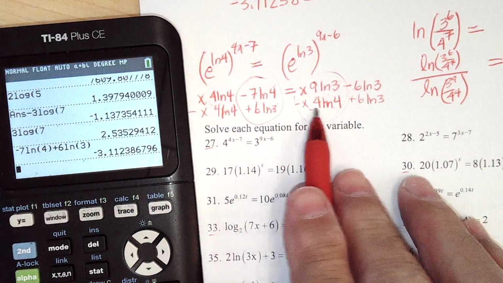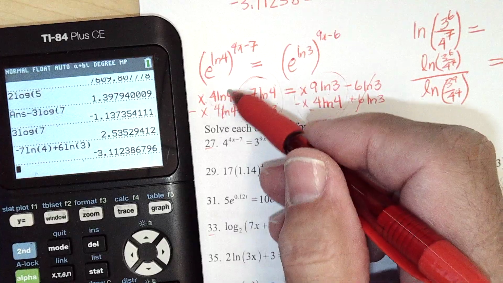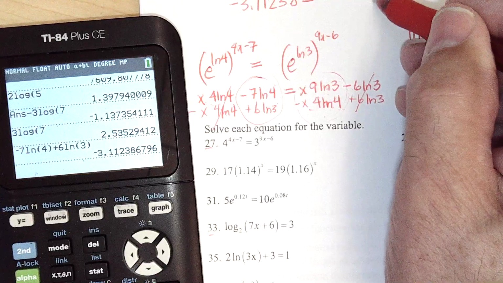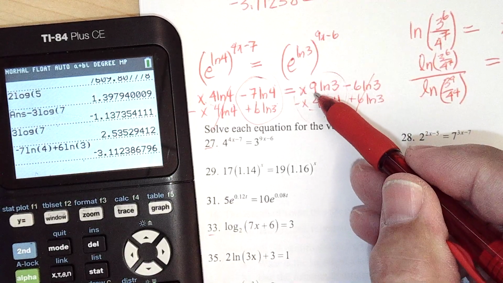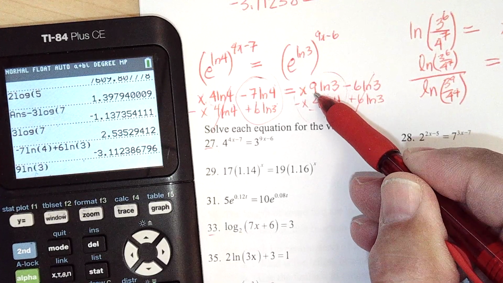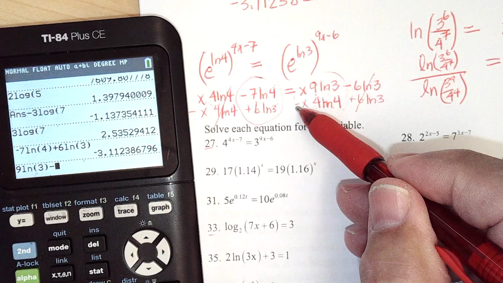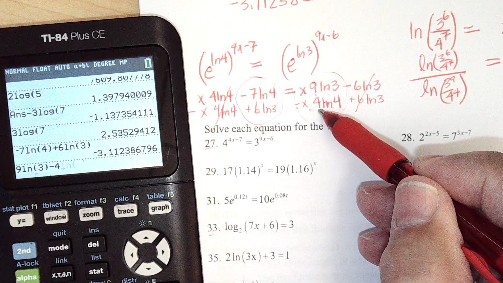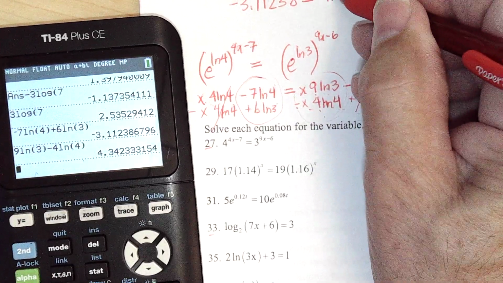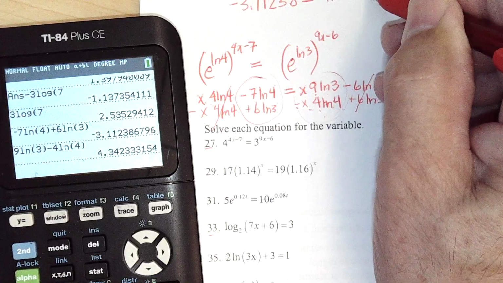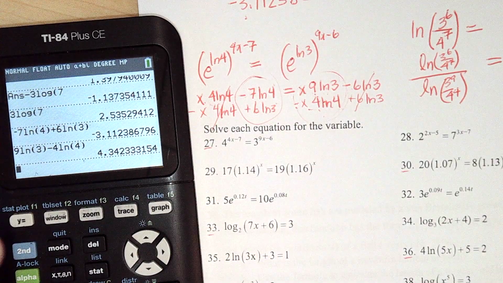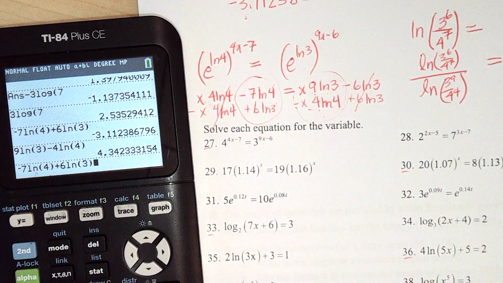Equals, and here these are gone, those are gone. Both of these are times x, so I'm going to write x times, and it's going to be 9 ln 3, close parenthesis, minus 4 ln 4. So I got 4.34233, and I'm going to take my answer from the previous one, divided by that. So I'm going to go second, enter.